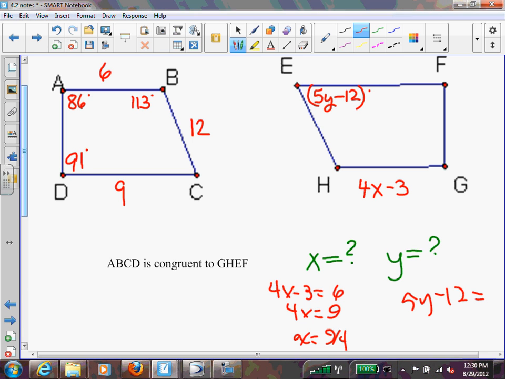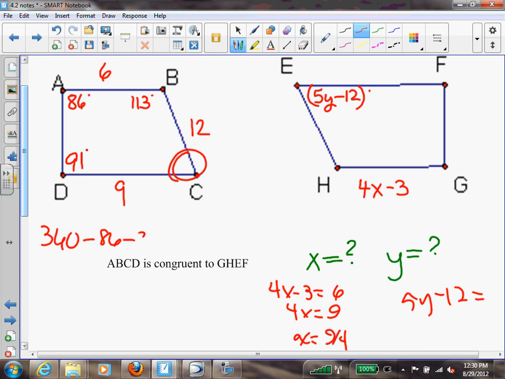So let's think back. A triangle adds up to 180. What does a quadrilateral add to? 360, right? So, right idea. So we know that we can figure out angle C. Let's do that. 360 minus 86 minus 91 minus 113 means angle C has to be what? What is that? Get your calculator out and work it out. Okay, Athena?